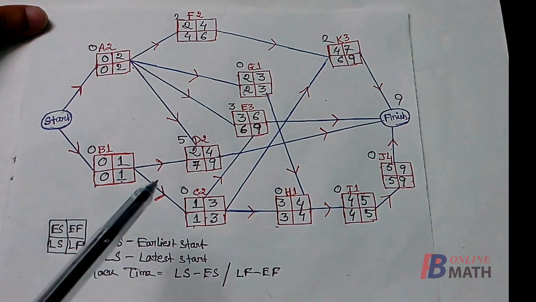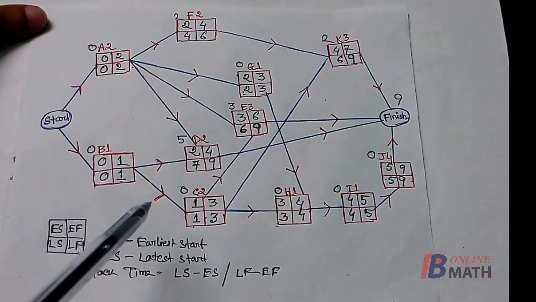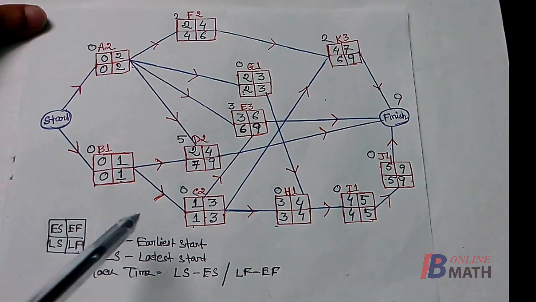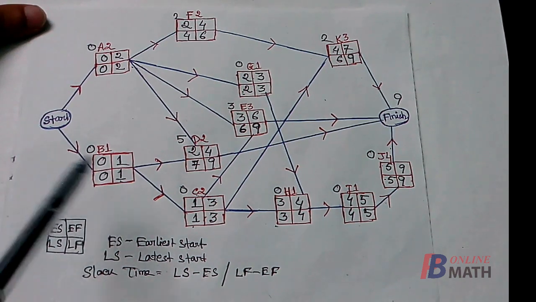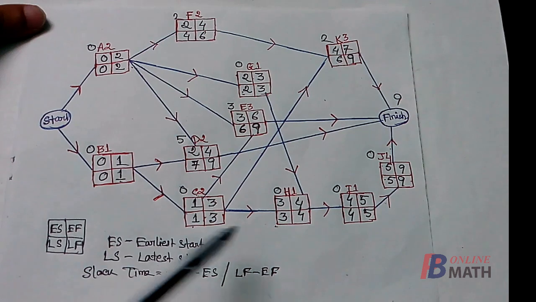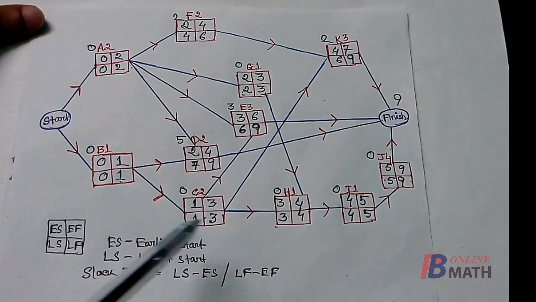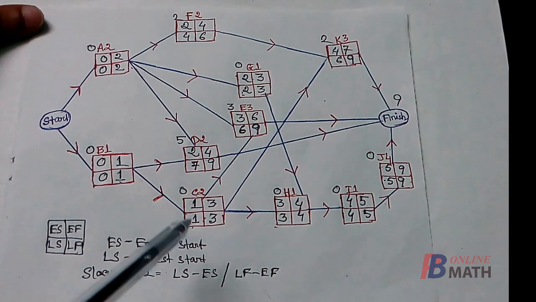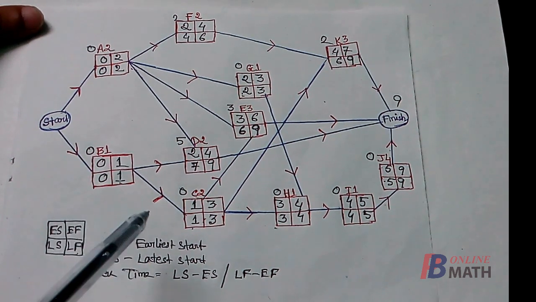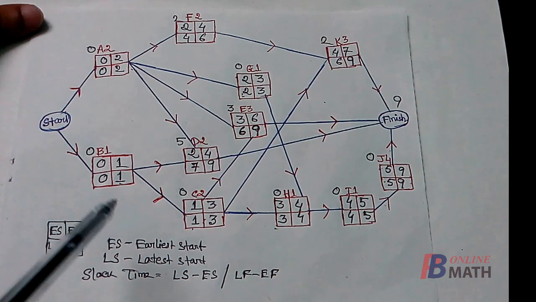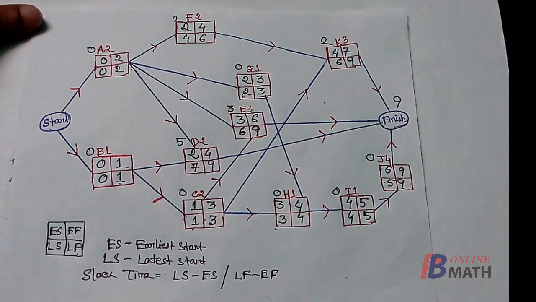Now the task is to find the critical path. So which is the critical path? Now the critical path is the path with maximum time required to complete the activities. Now alternatively we can find the critical path by slack times. Now the critical path is that path where slack times for all the activities are 0.